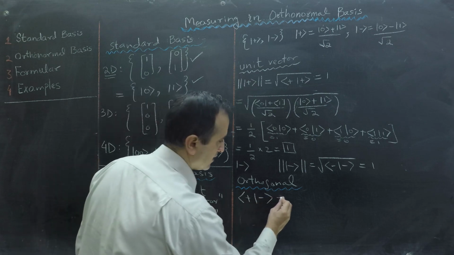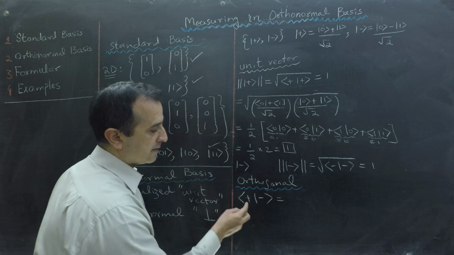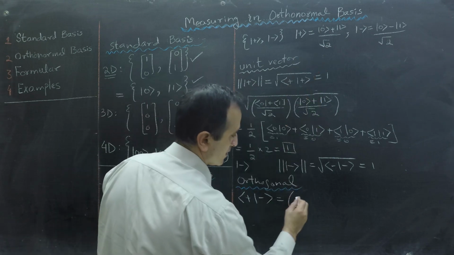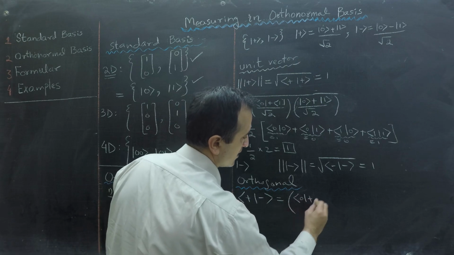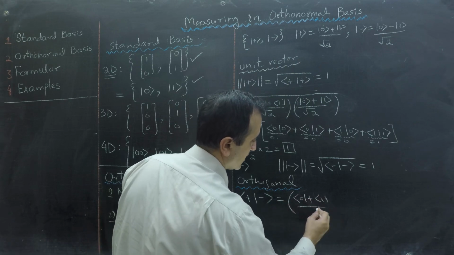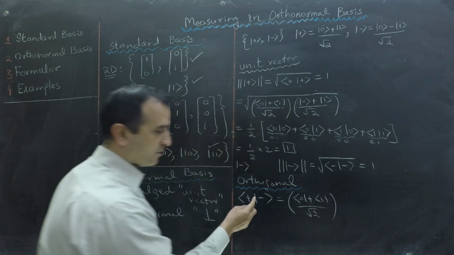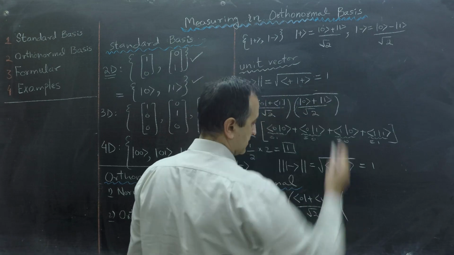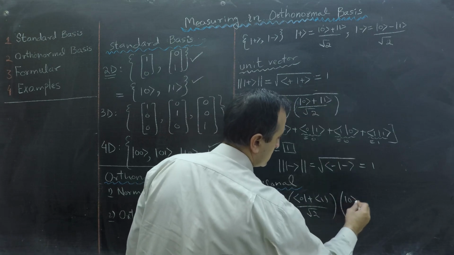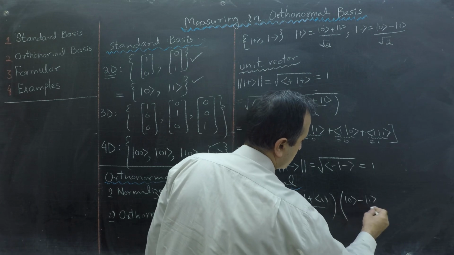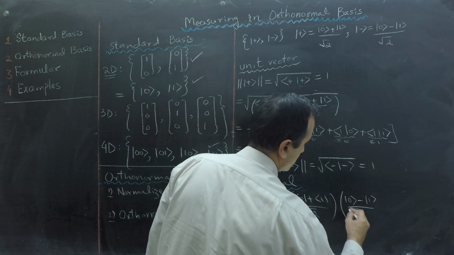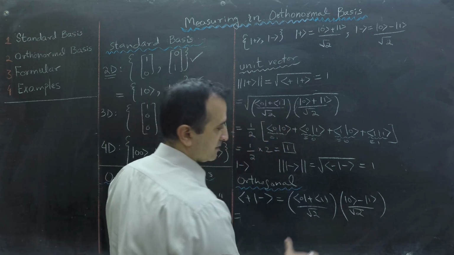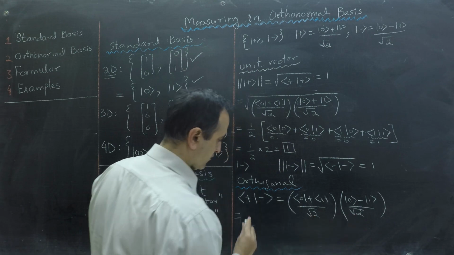Let's compute it. So first I have to write bra plus, which is equal to bra 0 plus bra 1 divided by square root of 2. Now I have to write ket minus, and that is equal to ket 0 minus ket 1 divided by square root of 2. Now I have to simplify it. Square root of 2 times square root of 2 becomes 1 over 2.